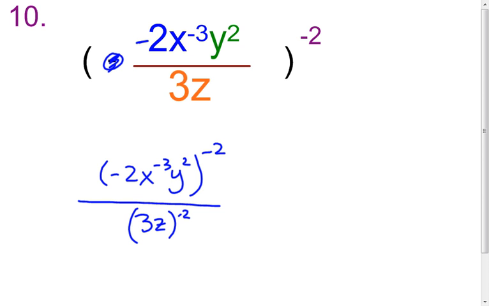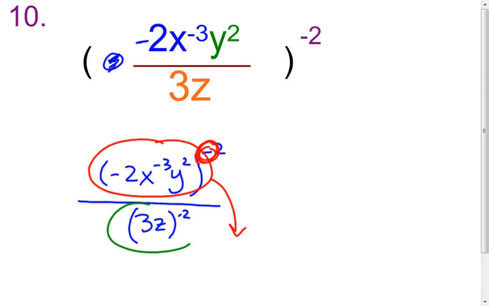Now, looking at your outside exponents, notice this is a negative outside exponent. So this whole quantity needs to go down so that this negative exponent can become positive. Likewise, this whole quantity needs to go up so that this outside exponent can become positive.